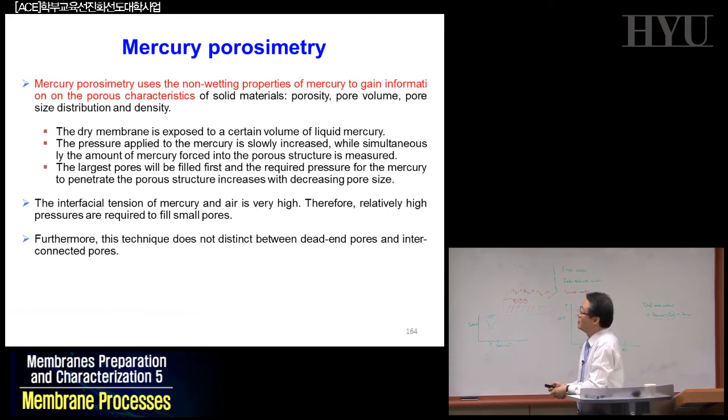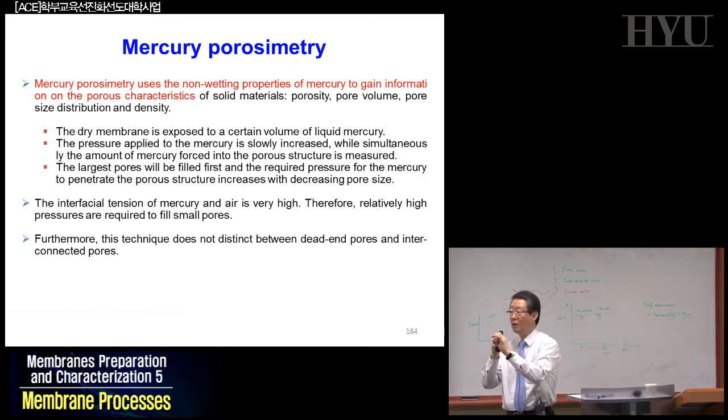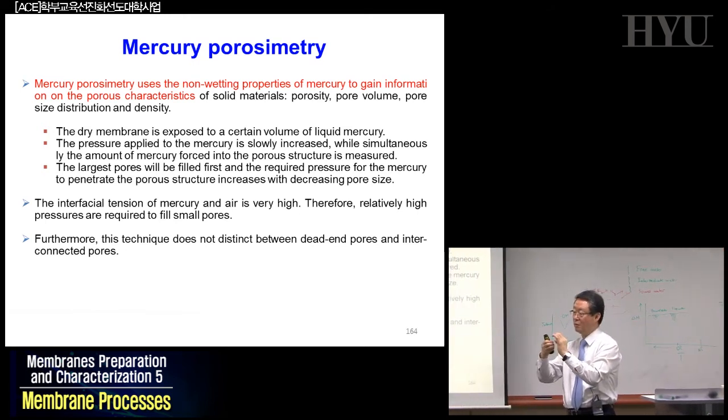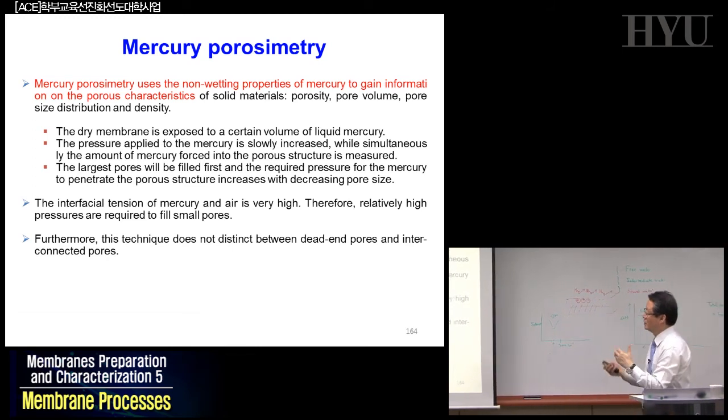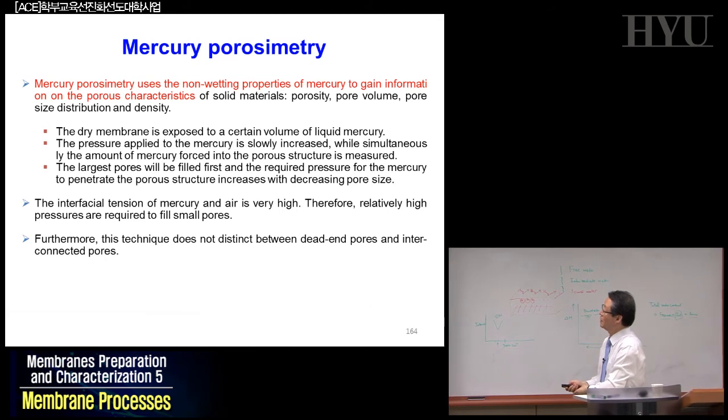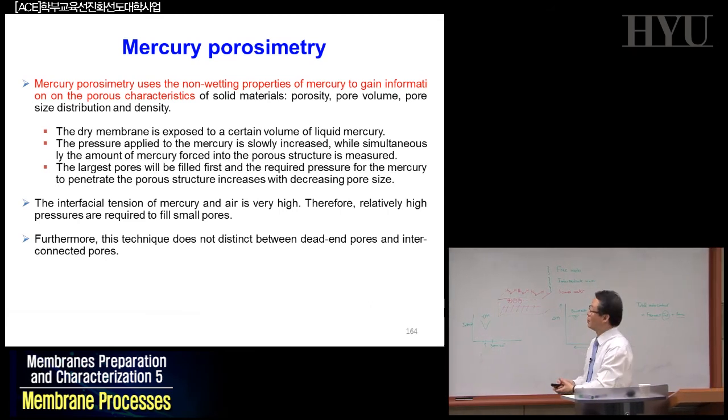If you are using the non-wetting property of mercury, this is the method. Mercury is filled through the pore, and if you apply pressure, mercury will come out for non-wetting membranes. This is another technique similar to the bubble point method.